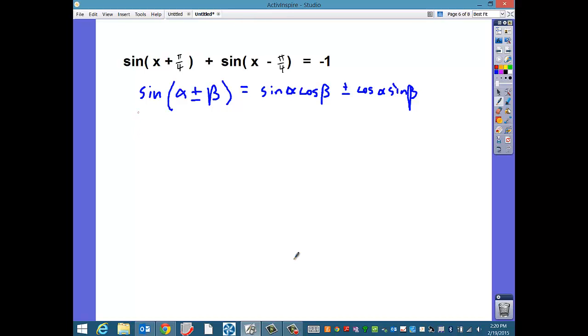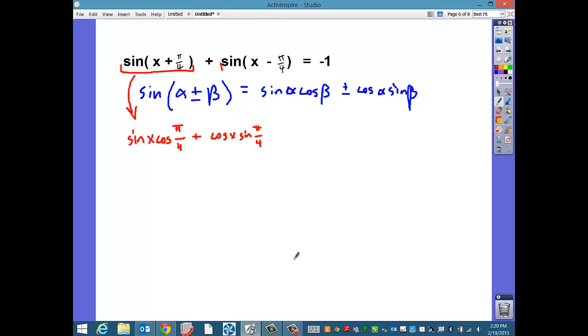So this is what we're going to do. We're going to do this part right here. We're just going to do one piece at a time. This part is sine x times the cosine of pi over 4, plus, since this is a plus, cosine of x times sine pi over 4. So all this comes from this right here.